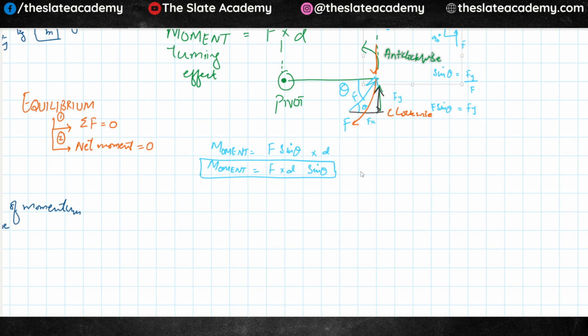So we say the net moment is equal to zero if the sum of clockwise moments is equal to the sum of anticlockwise moments.